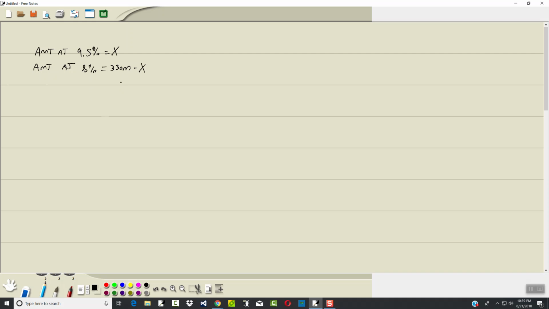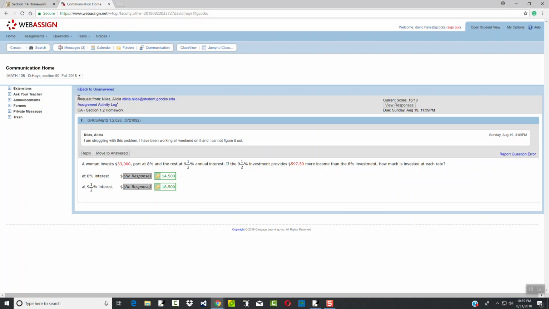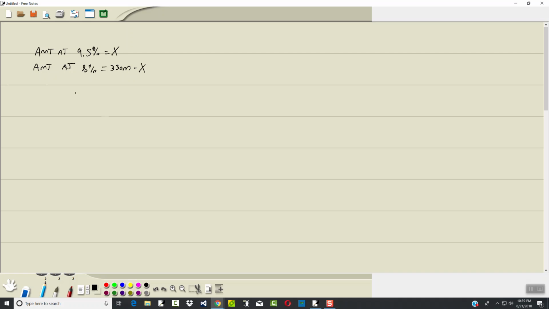Okay, now what we're doing is we're comparing, what are we comparing? More income than, okay, so we're comparing the income of 9.5% to the income of 8%.